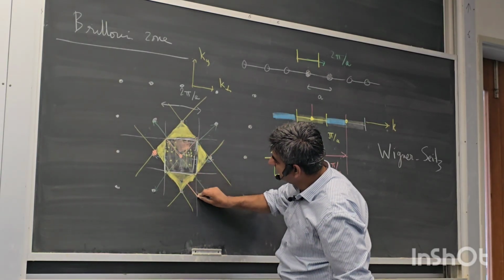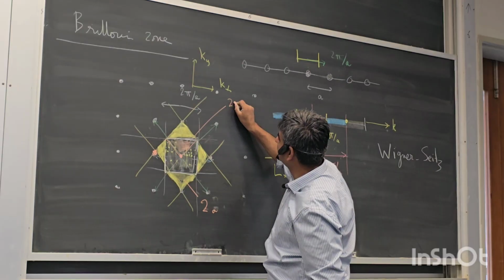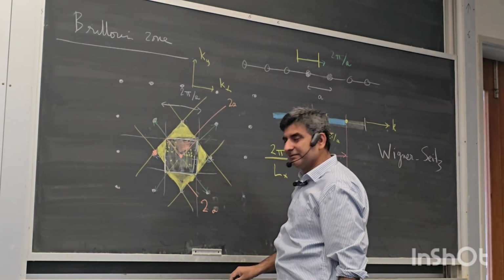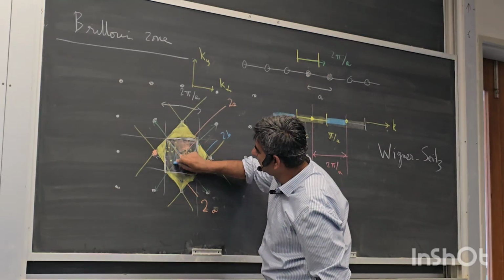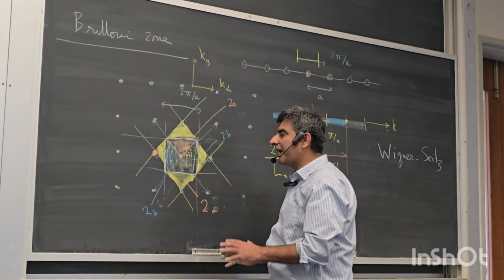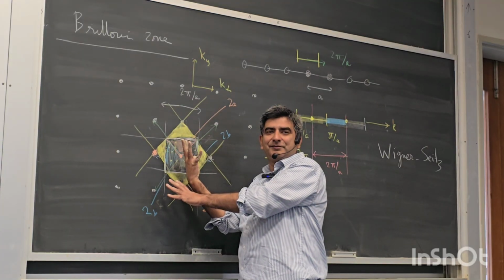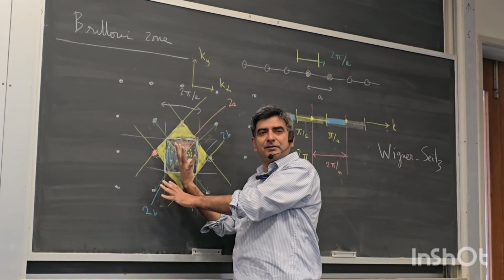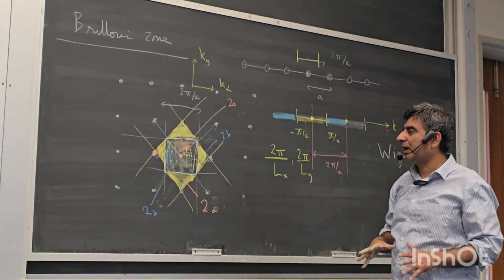So this region 2a goes here, and this region 2b goes here. So everything can be folded back into the first Brillouin zone. Correct? So this is the periodic property for the Brillouin zones.